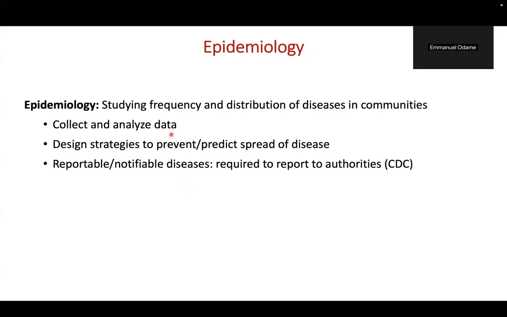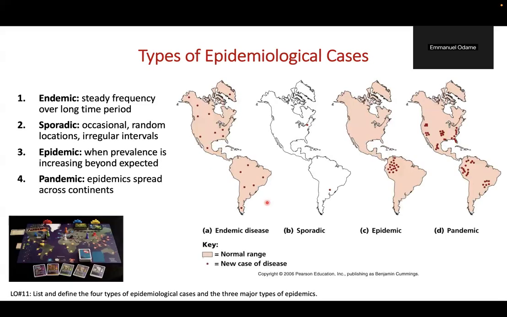You have to design strategies to prevent the spread of the disease, and then you also have to report or notify about the disease. Mostly, you are required to report it to the authorities, whether CDC or FDA, or depending on which country you are in, you have to report to the authorities.